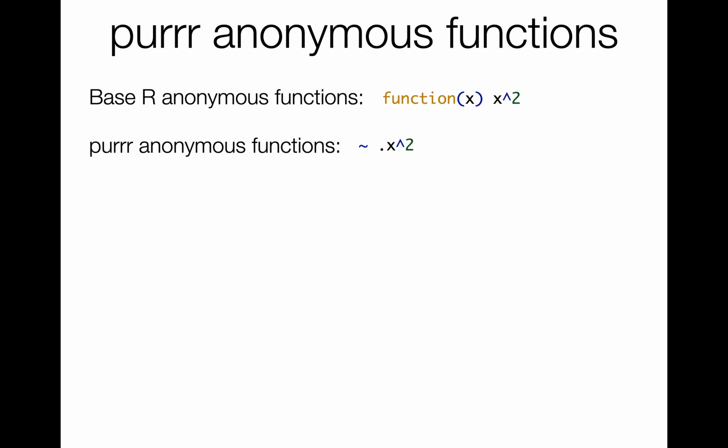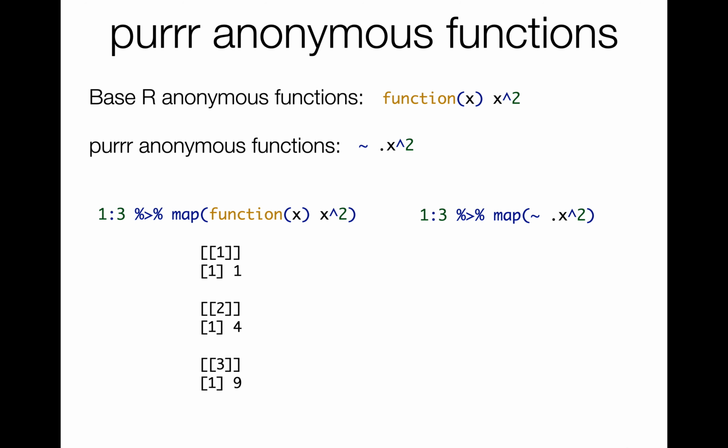The dot's the really important part, but you have tilde dot x squared. That's the same as saying that top anonymous function. So instead of having to write out that whole anonymous function inside map or lapply or whatever and getting the result, I can just write tilde dot x squared and get the same result.